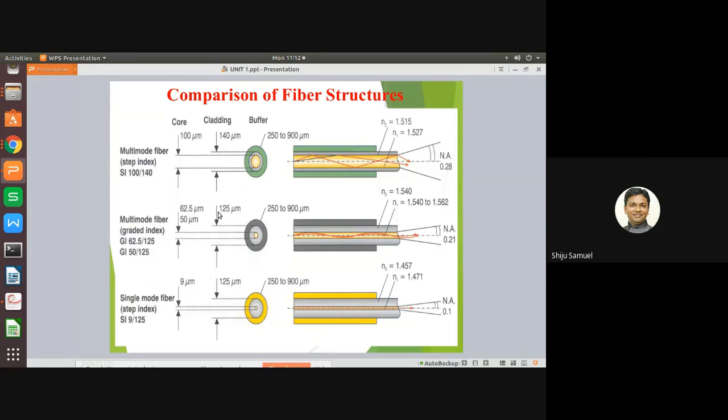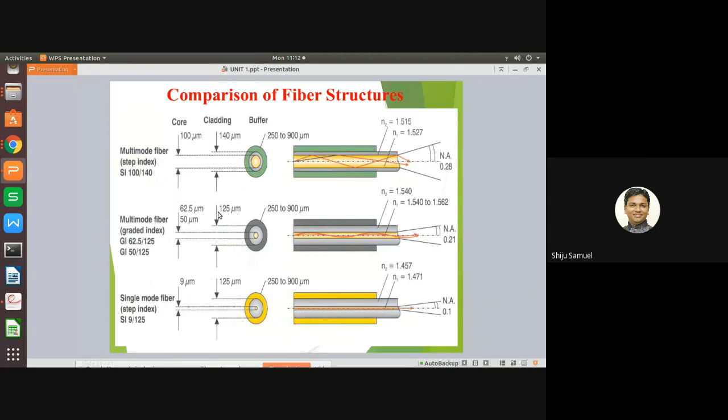Second condition is the use of a spatially incoherent optical source, for example an LED, which cannot be efficiently coupled to a single mode fiber. And third is the lower tolerance requirement on the fiber connector. So these three advantages make multi-mode fiber stronger.